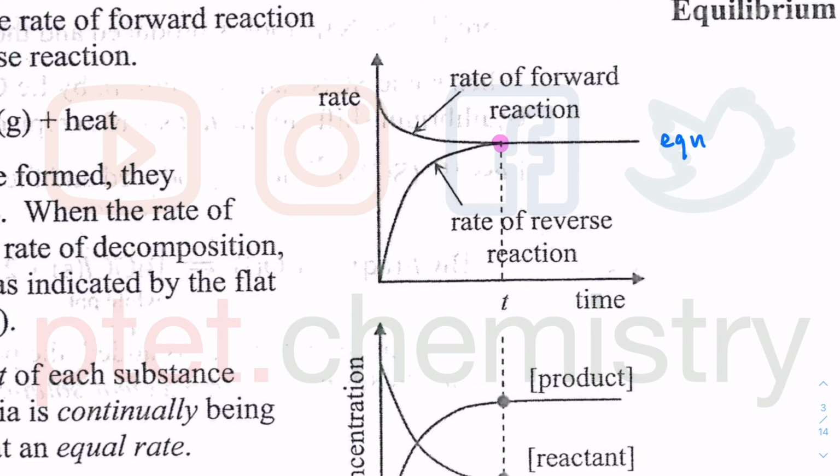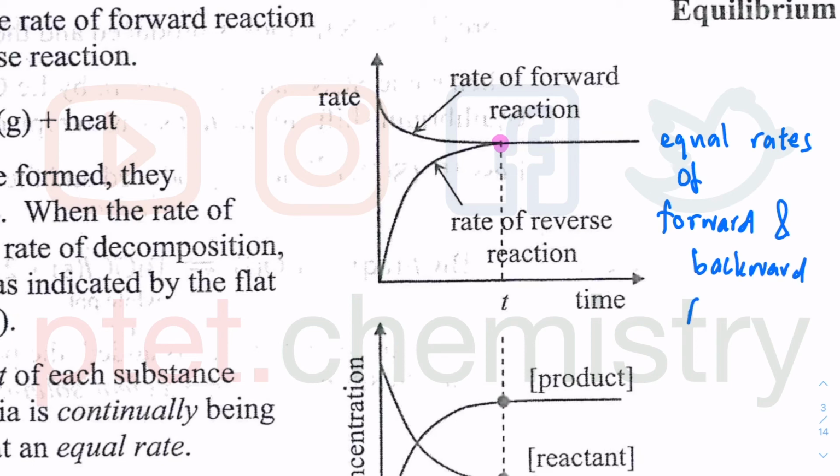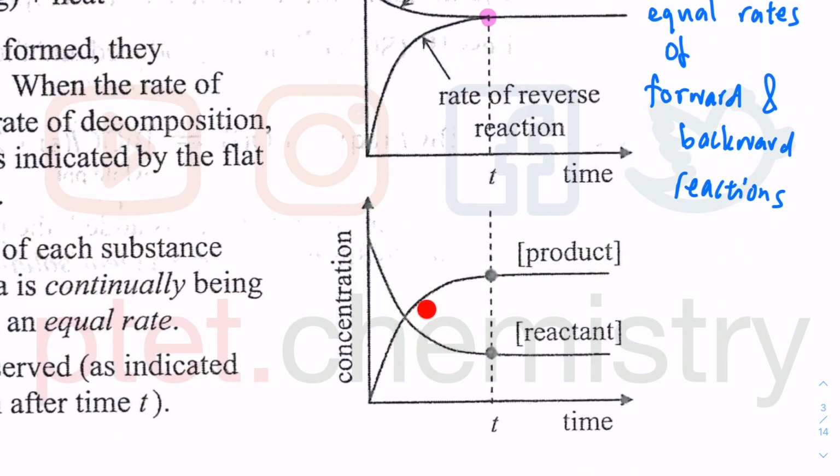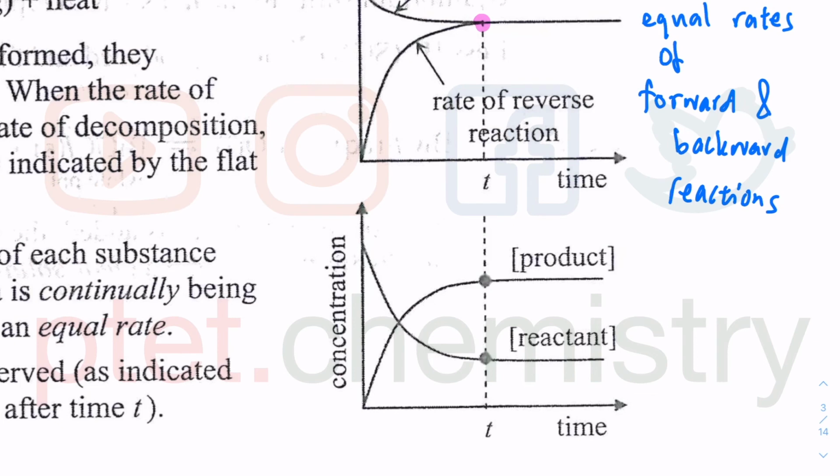So this is equal rates of forward and also backward reactions. At that very moment in time, and you can see that the concentration of products that were increasing up until you reach equilibrium. So here we can say you reach equilibrium.